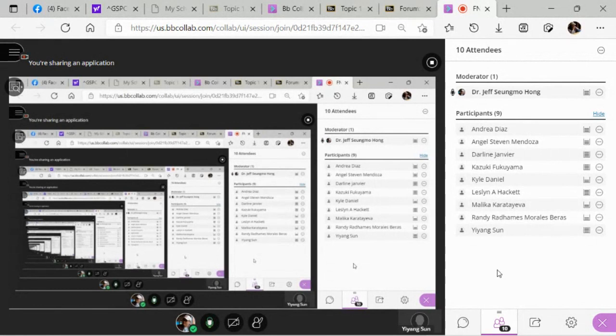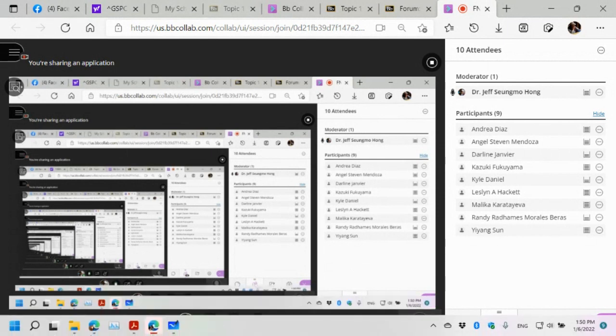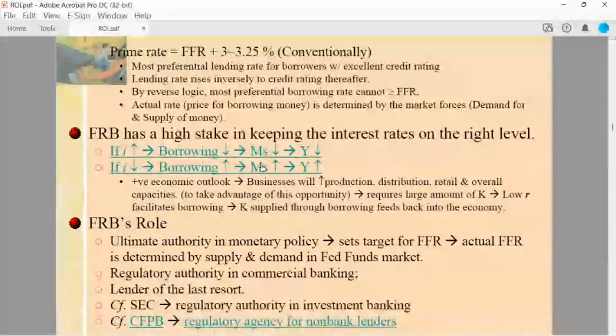On a personal level, the borrowing increases. On a household level, the borrowing increases too, and on a business level, borrowing goes up too. And when borrowing goes up, money supply goes up.